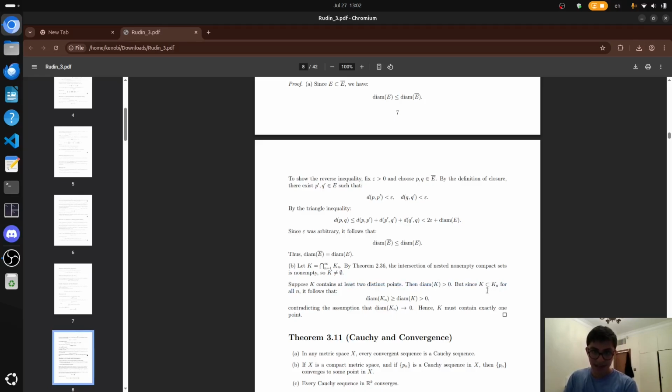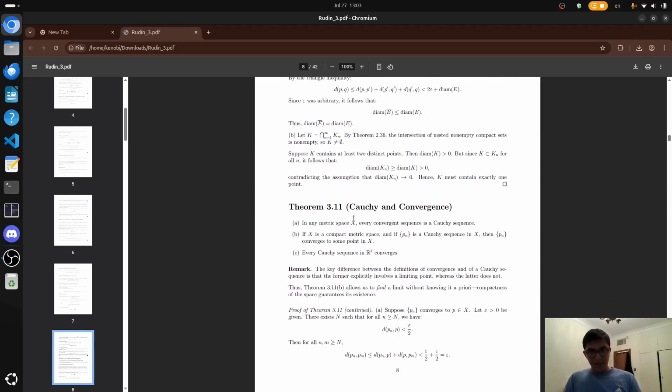So if it contains two distinct points that are different, the diameter is obviously going to be greater than 0. Since K is in K_n, that means all the diameters of the K_n are going to be greater than 0. So that means the diameter of K_n doesn't go to 0, which is against our hypothesis. So it must contain exactly one point.